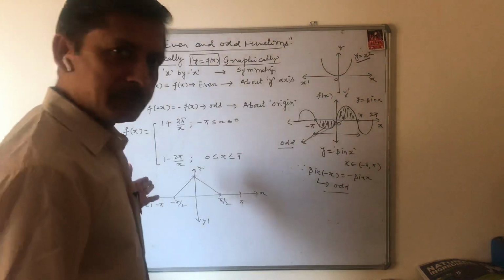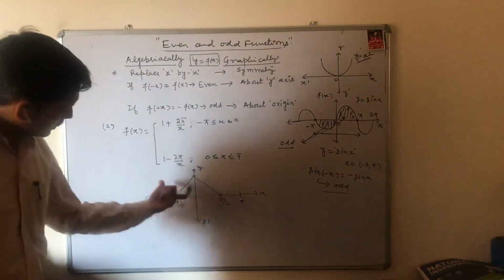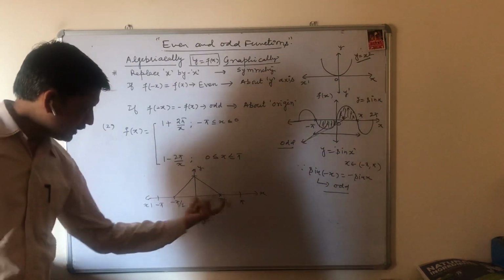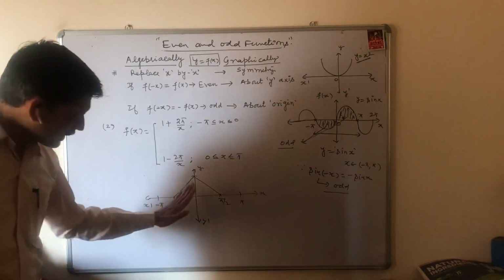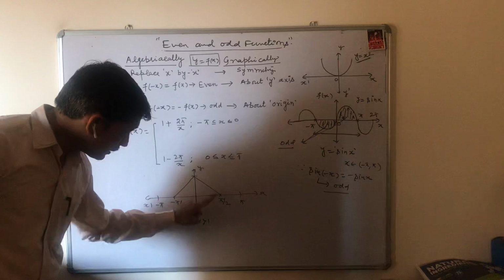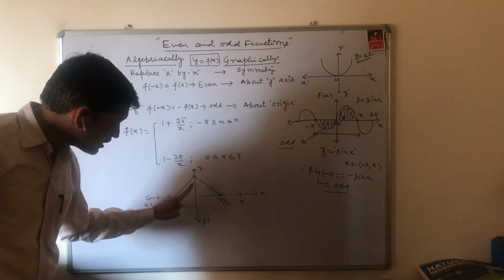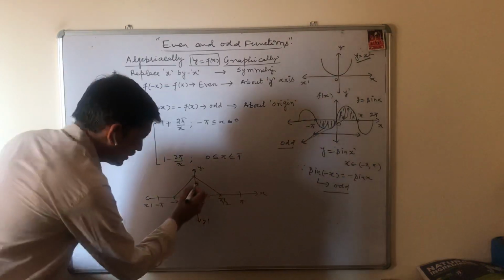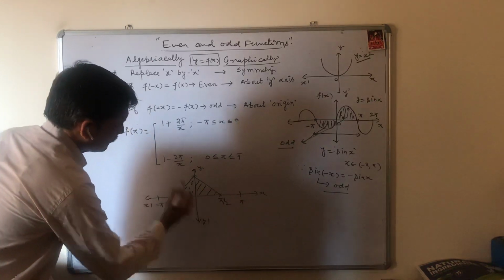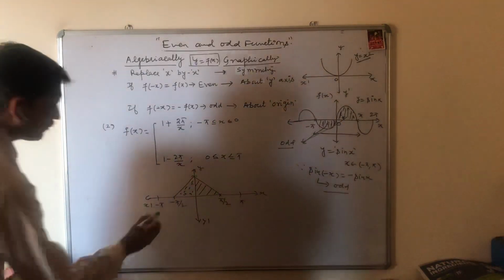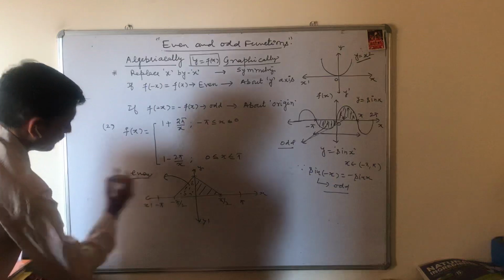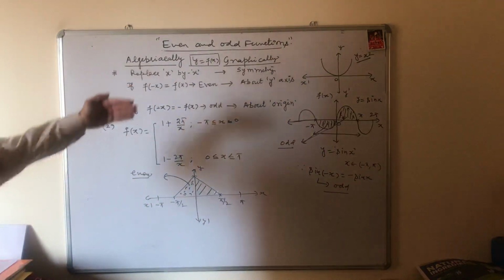This is called a waveform. The graph of this function from minus pi to pi is that one. Now, this graph clearly shows that it is symmetrical about the y-axis. This is the axis of symmetry. Therefore, the function is even. Now, this is its graphical representation.